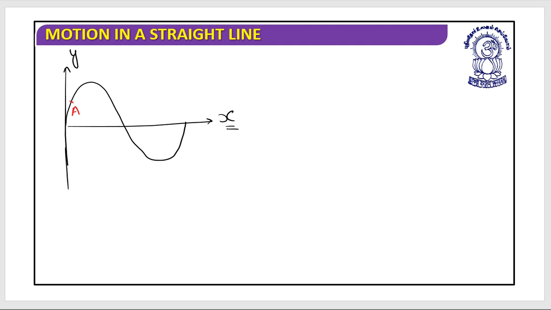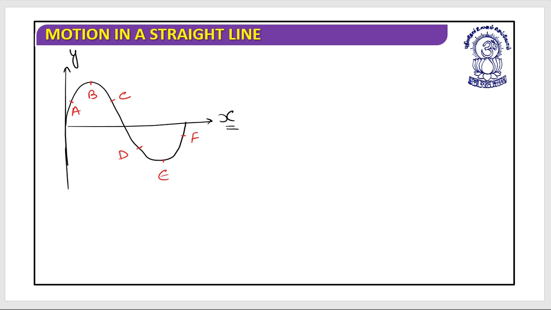Let's say this is location A, this is at top location B, this is location C, this is location D, this would be E, this would be F. And I have been asked what would be the value of the slope.